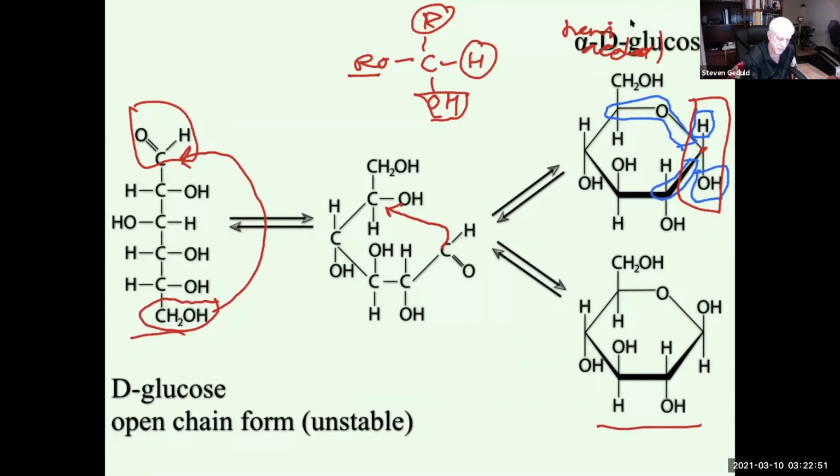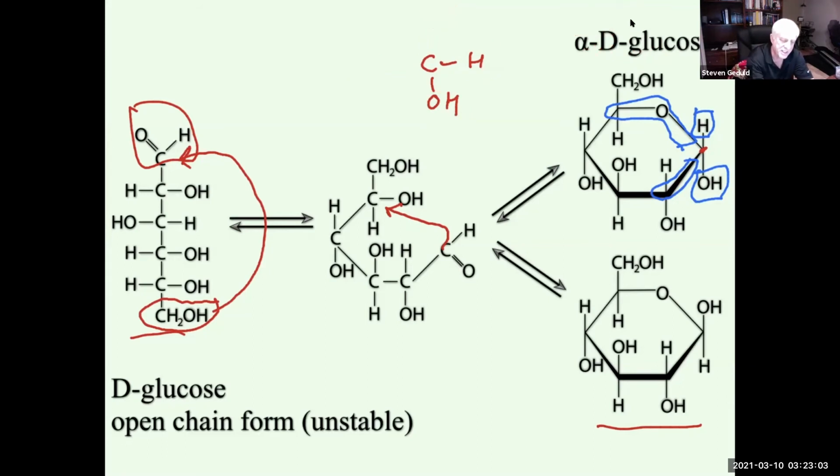Sometimes all these red marks get in the way. It'll be easier if you can see it a little bit here. So here's your alpha D-glucose, which is the top one. Again, when the OH is down, it's alpha. When the OH is up, it's beta. So this is your alpha D-glucose, and the next one is your beta D-glucose.